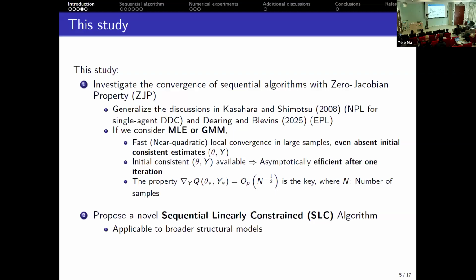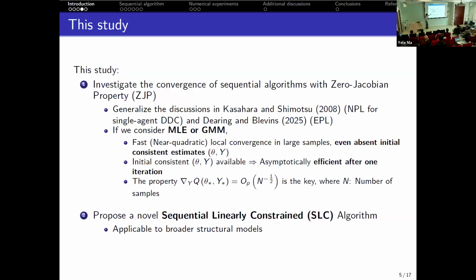And to derive these two results, the property that the gradient of Q with respect to y is equal to large OP n to the power of -1/2 is a key, where large n represents the number of samples.